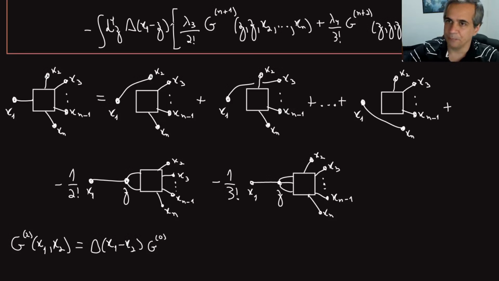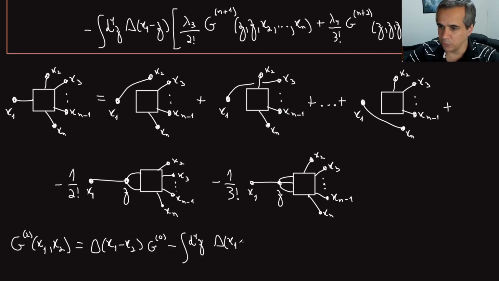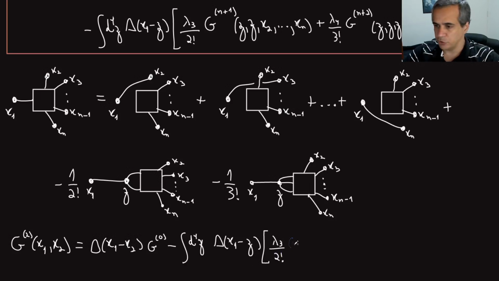This term now becomes just minus the integral d4z delta x1 minus z, right? And then this with n equals 2, right? So lambda 3 over 2 factorial G3 of z, x2.